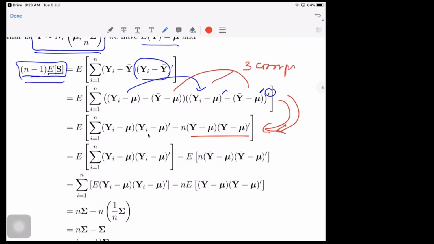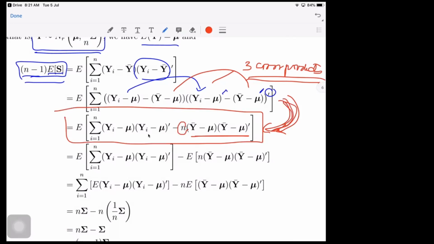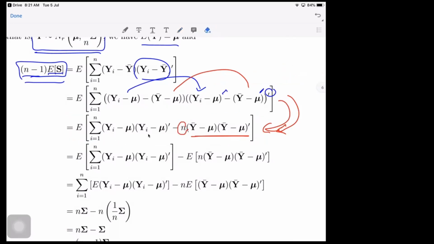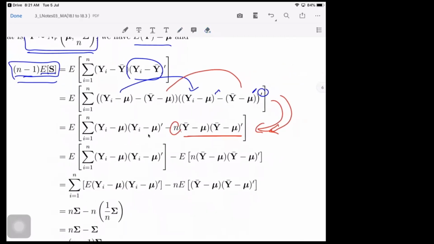Two of them will be minus, and then getting the summation, which is just a constant with respect to the summation, you will have n there. Anyway, there are two more steps to get to this equation, so you can check that. That is just simple matrix manipulation.